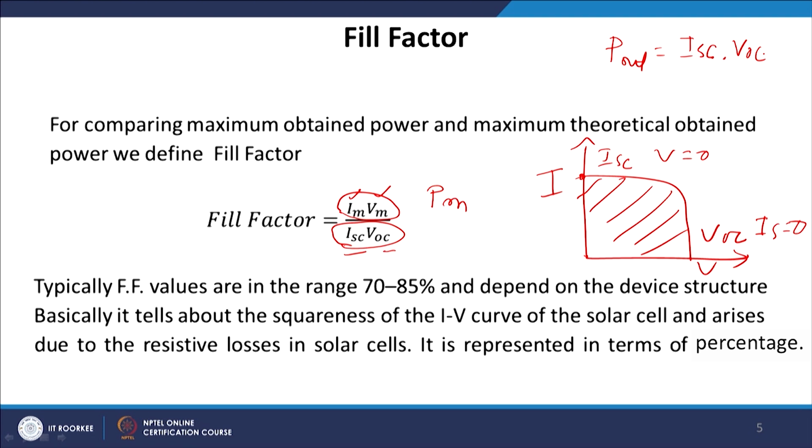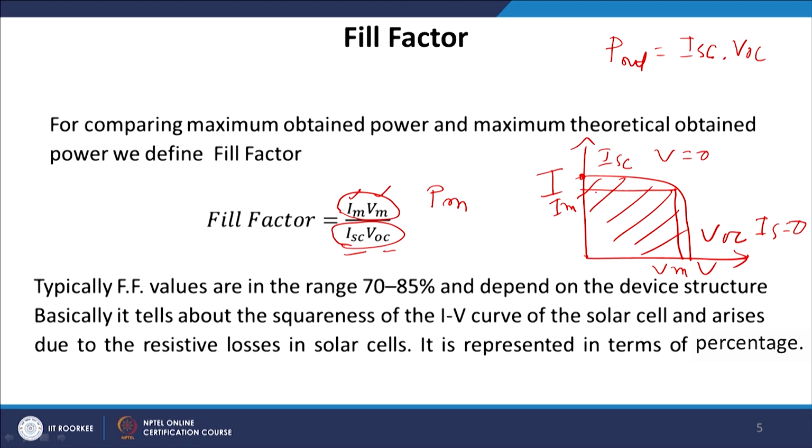Now, if this curve is a perfect square, not like this, but rather imagine this curve has the shape of a perfect square, and this perfect square intersects the I axis at this point Im and the V axis at a point Vm. So, what will be the power obtained in the ideal case?